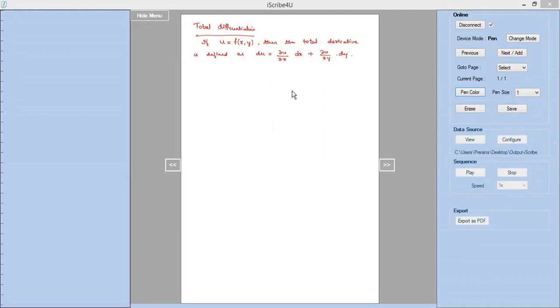Now the differentiation of composite functions is our next heading.